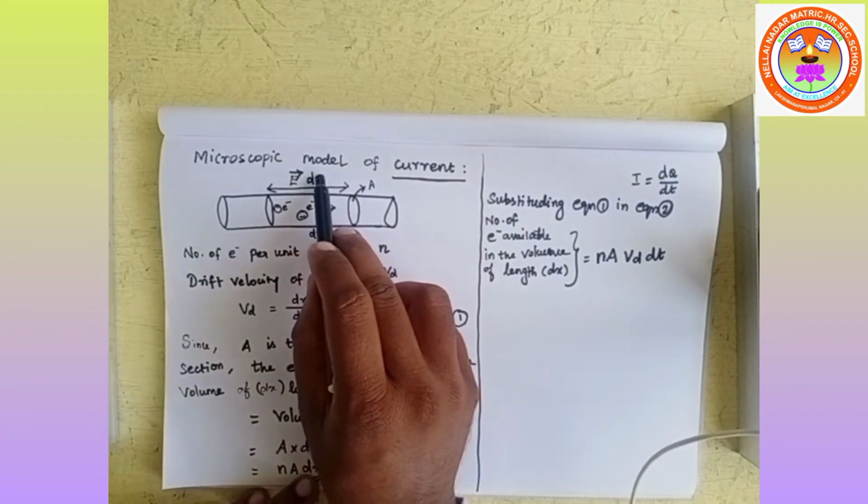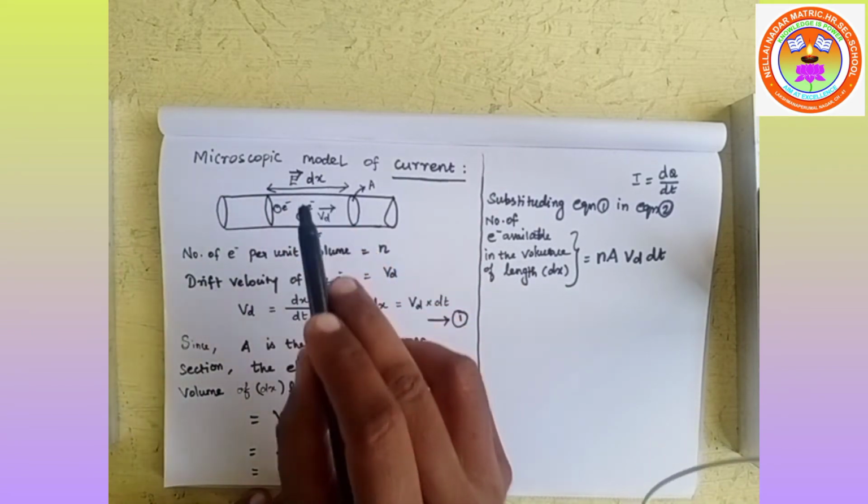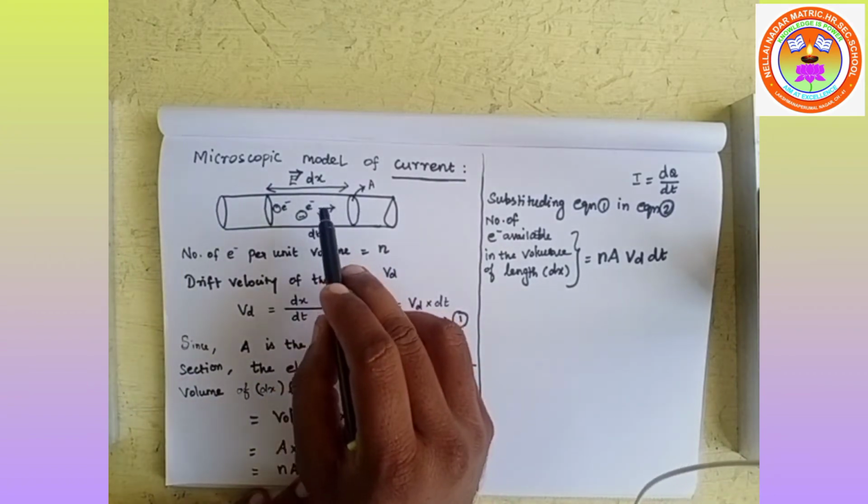From the length dx we are going to calculate the total charge in the element.